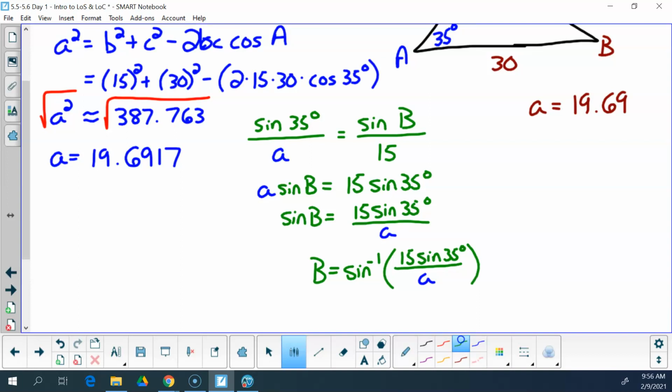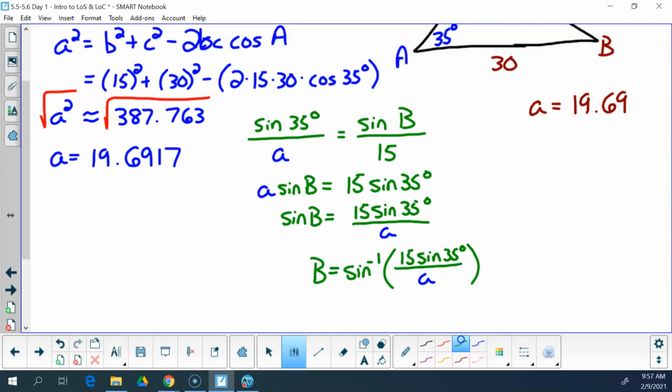Now, here is where keeping it on your calculator helps. Okay? I need to know what this fraction is. So I am going to go 15 on my calculator, provided that I can see what I'm typing in. I'm going to go 15 times the sine of 35 degrees divided by my answer. And there should be an ANS key on your calculator somewhere. Usually on the TI-30Xs, the most popular calculator, it is the second of the negative key, way down at the bottom.